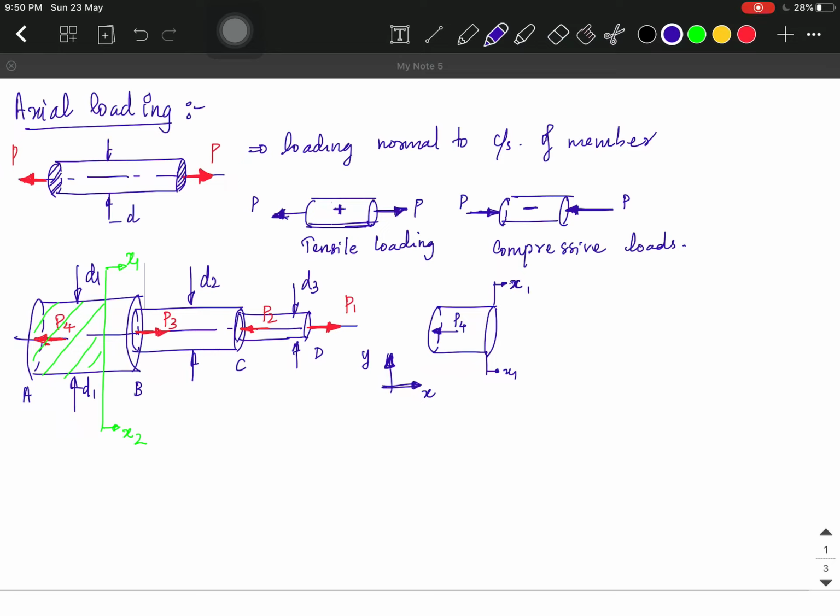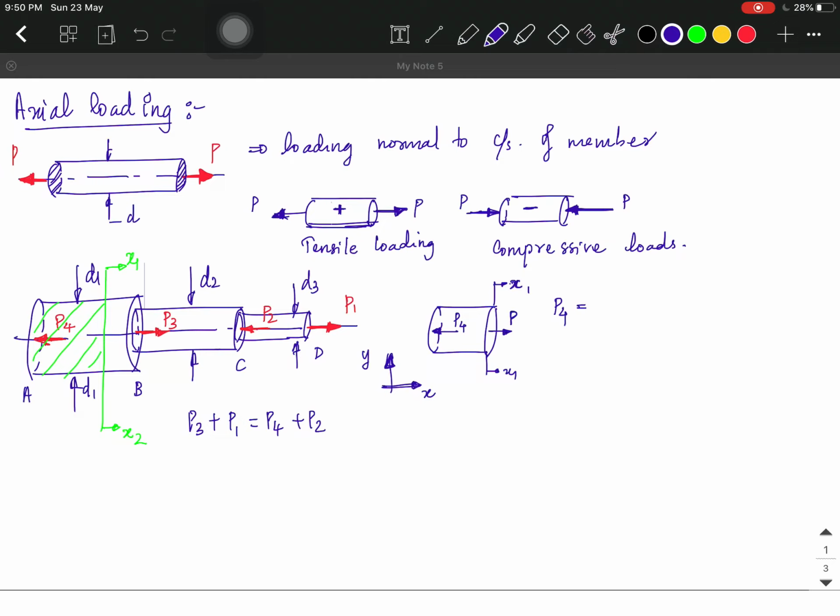From the conditions of equilibrium of the whole member, we can write P3 plus P1 is equal to P4 plus P2. If we consider the equilibrium of this section only, P4 is equal to the net force over here.